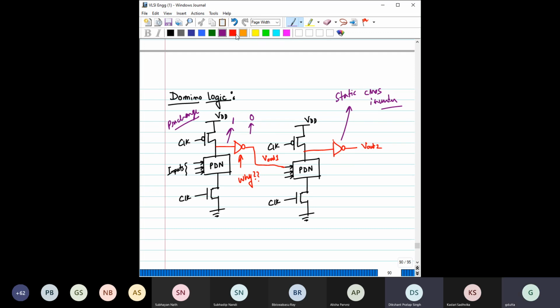Suppose in childhood you have played with bricks. If you place the bricks like this and give a push here, this brick falls and touches this, now this will fall on top of this, one after another.